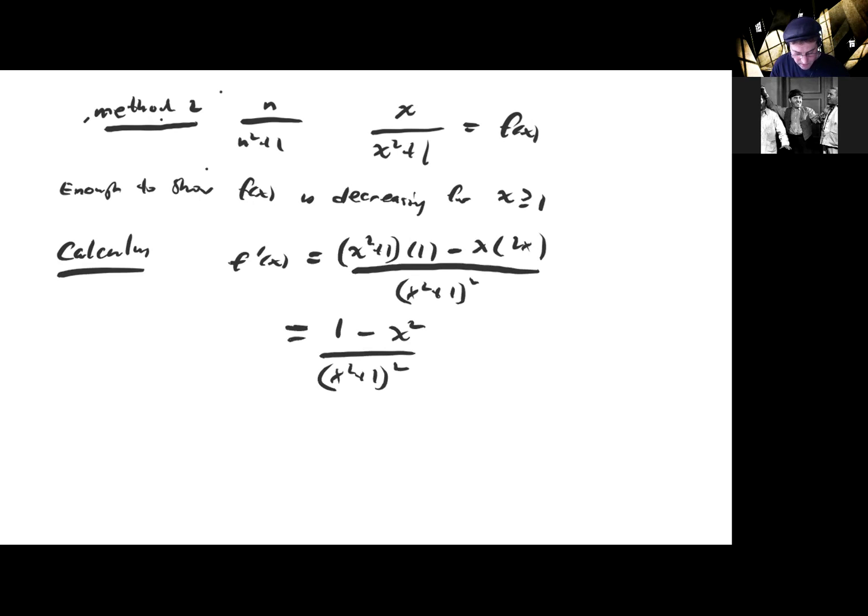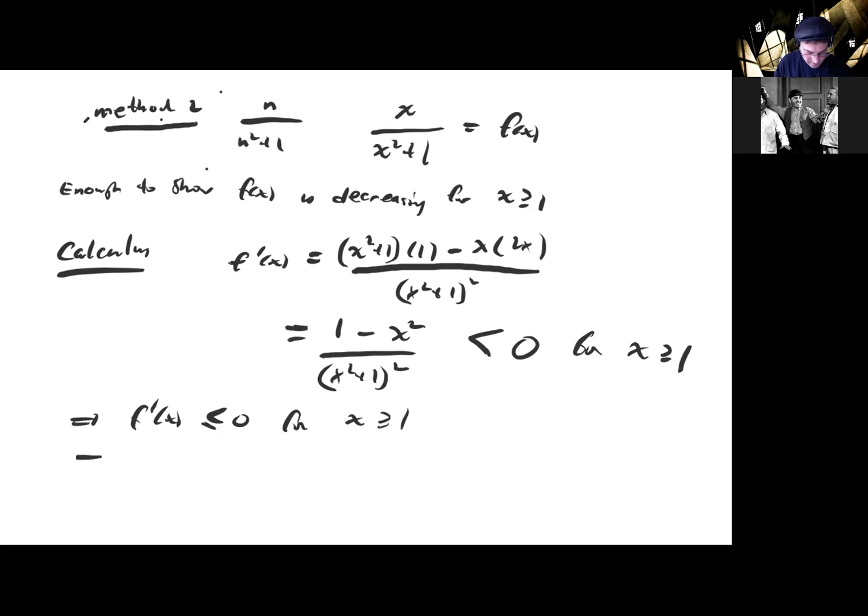Now, if x is bigger than 1, x squared is going to be bigger than 1. The denominator is always positive. So this is always going to be less than 0 for x bigger than or equal to 1. So that means that f prime of x is negative for x greater than or equal to 1.